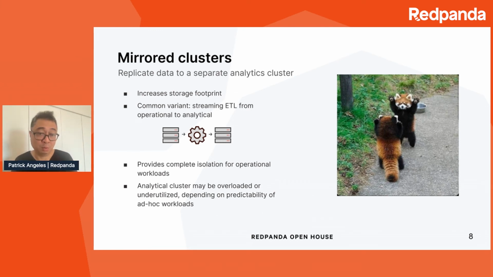What you get out of that is complete isolation of your operational workloads, and a separate analytical cluster where your data scientists can do all the analytics they need without interfering with your workloads. But the issue is that you're still stuck at a fixed capacity, right? The real problem is your analytical workloads are unpredictable. There are some, like producing daily reports, that are okay, but in general the utilization profile for analytical workloads is hard to size for.